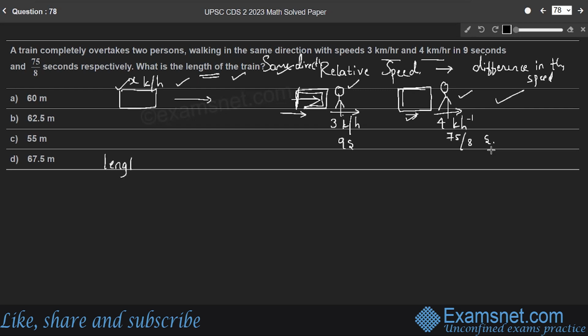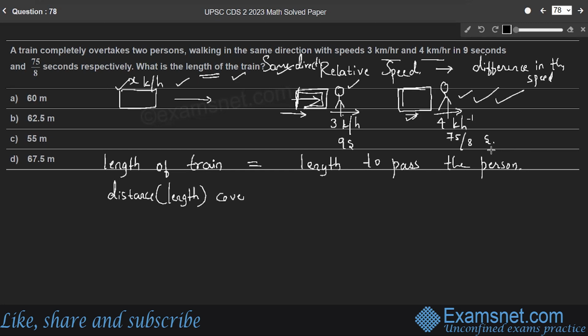The length of the train is equal to the length covered to pass any person, whether the first person or the second person. So the distance covered by the train to pass the first person is equal to the length covered by the train to pass the second person.